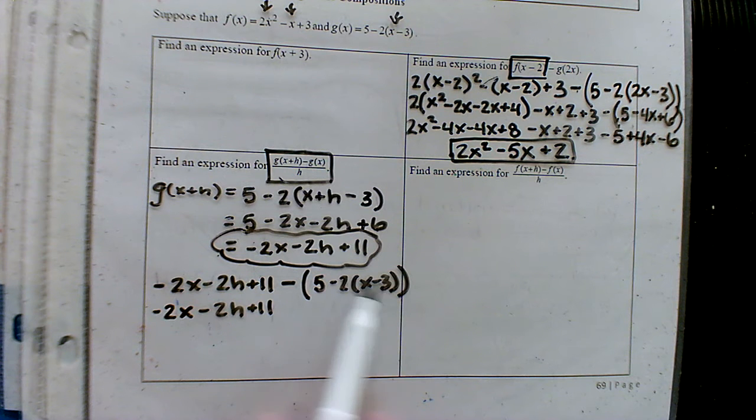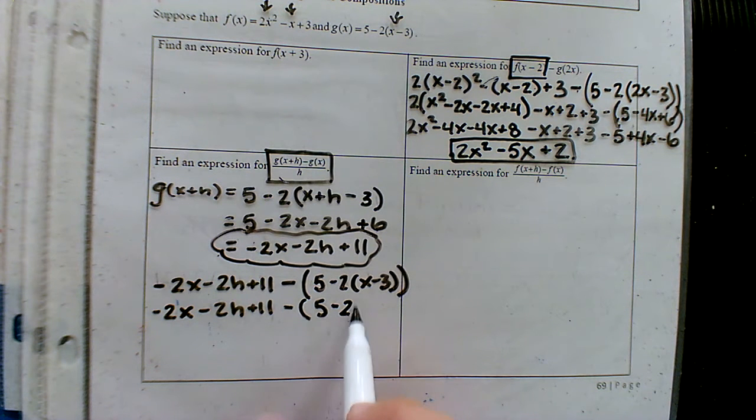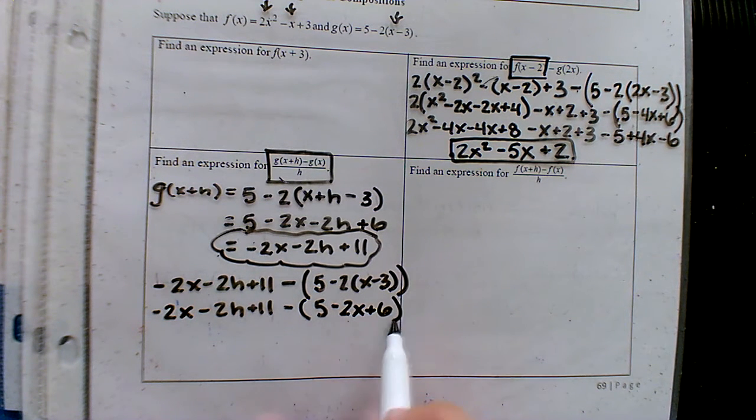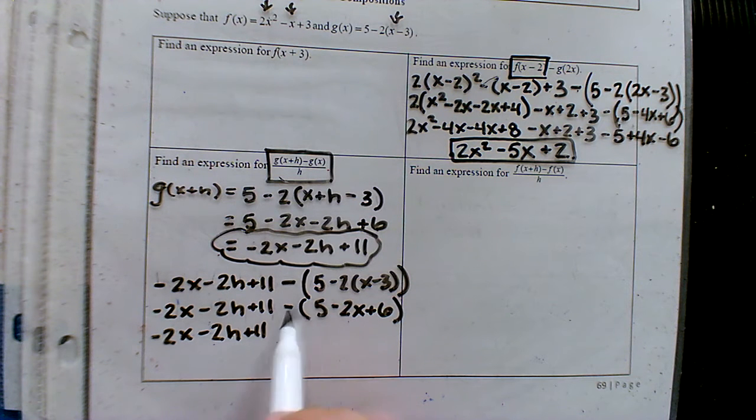We have two pairs of parentheses, but we have to work on the inside one first. So we'll distribute in the -2. And then we'll get rid of the next parenthesis by distributing in the negative, or the minus.